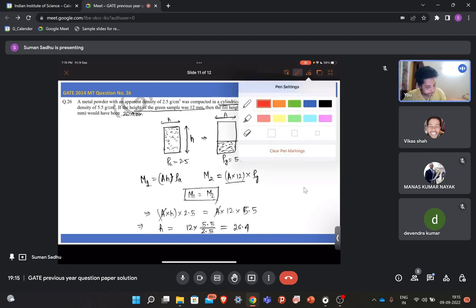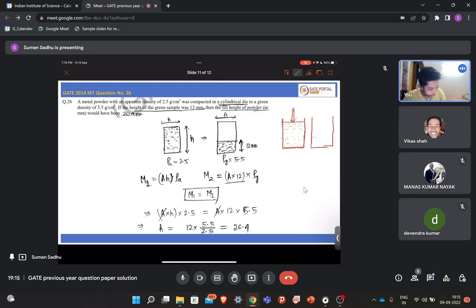You are pressing it and then this level goes down to this. In a single die, in a single cylinder only, you are just compressing it. That means you are only changing the height. Will the area of this cylinder change? It will be the same, right? You are compressing in a die, which is a rigid die. You cannot compress a powder without putting it inside a die or something, right?